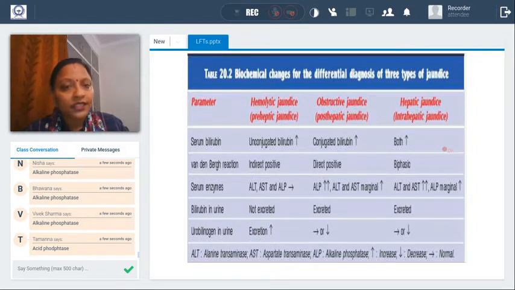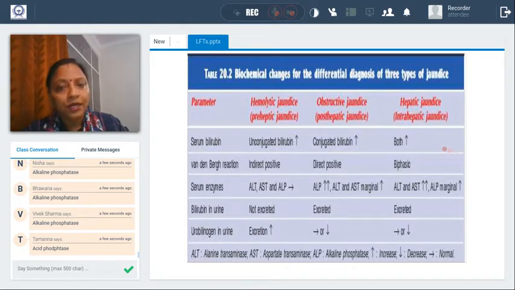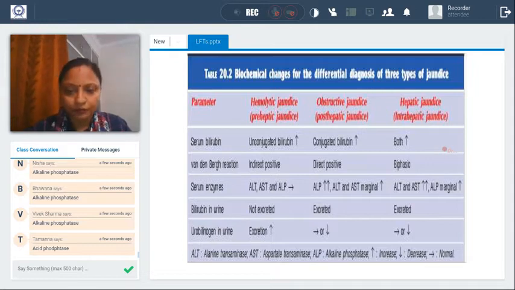It is not excreted in hemolytic jaundice, but it is excreted in obstructive and hepatic both. And what is the status of urobilinogen in urine? It is excreted in hemolytic, but in obstructive jaundice and hepatic it may be decreased or it may be normal.